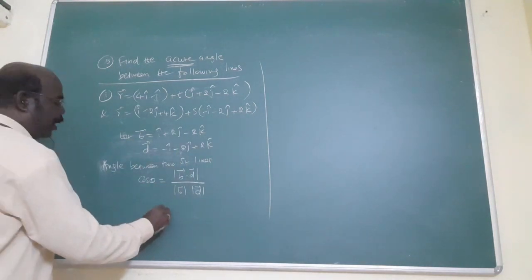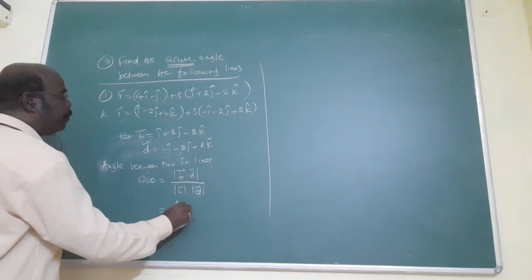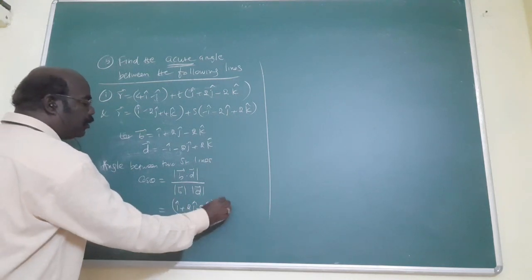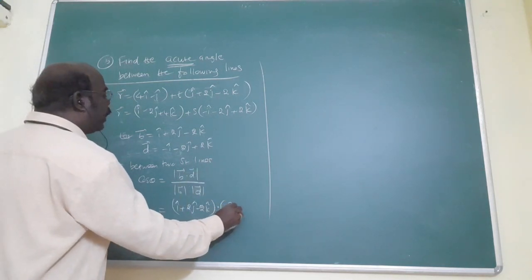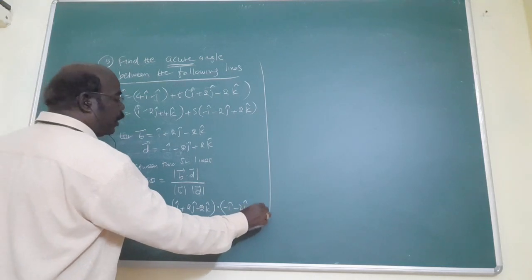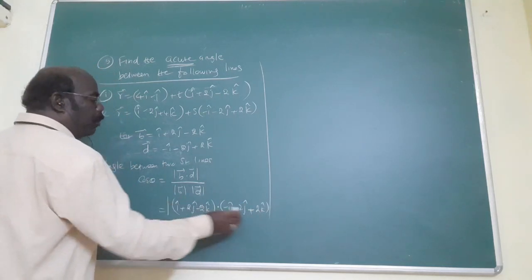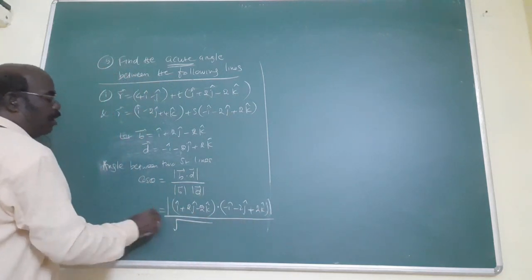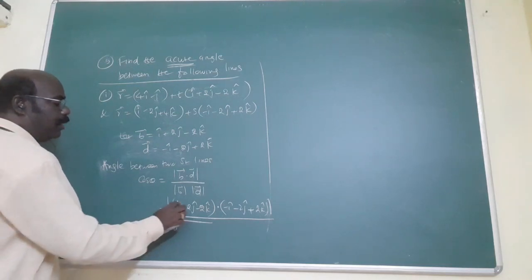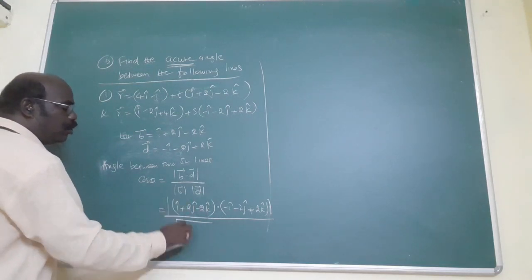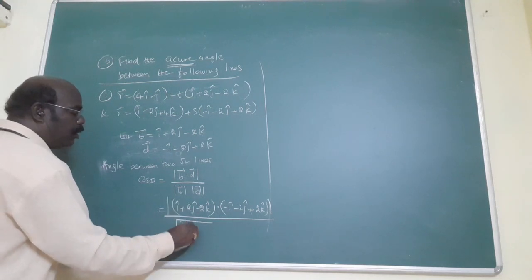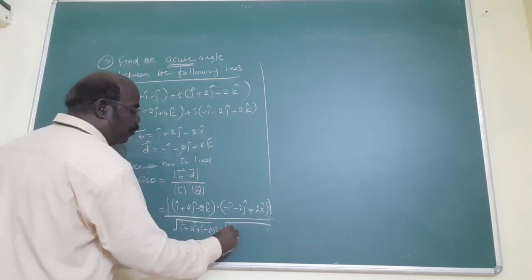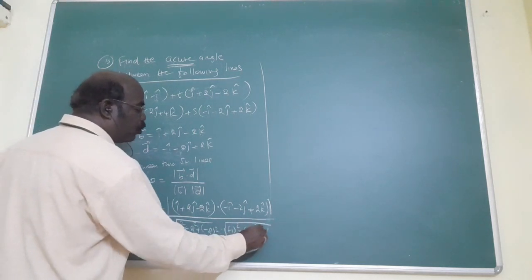Now, our assumption is B dot D equals i cap plus 2 j cap minus 2 k cap dot minus i cap minus 2 j cap plus 2 k cap, with the modulus, divided by the modulus of B vector times modulus of D vector. The coefficients of i, j, k should be squared in order: 1 square, 2 square, minus 2 square, times minus 1 whole square, minus 2 square, 2 square.